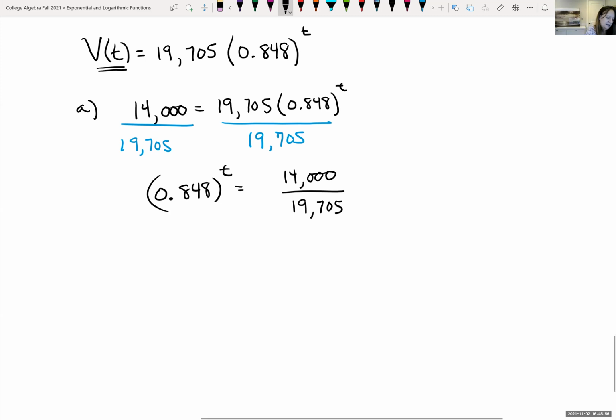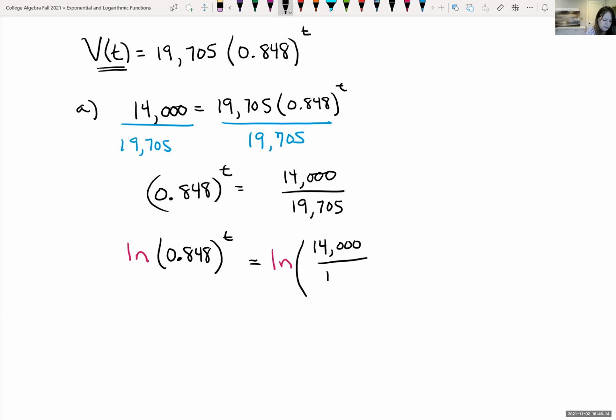So let's take the log of both sides of the equation, so ln of both sides. Now we can bring down the exponent t in front of our natural log.